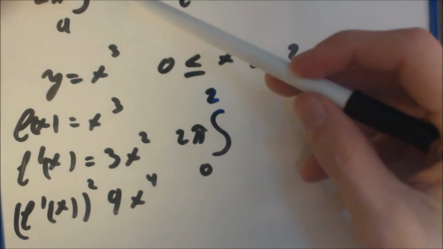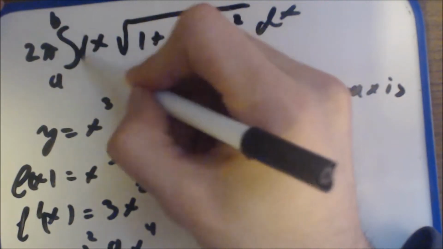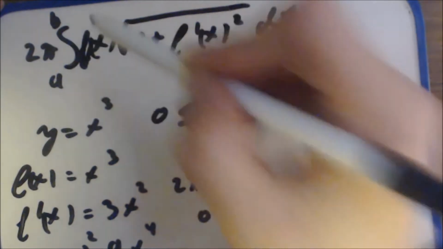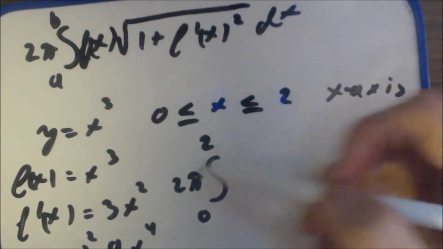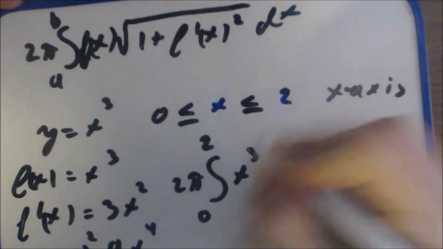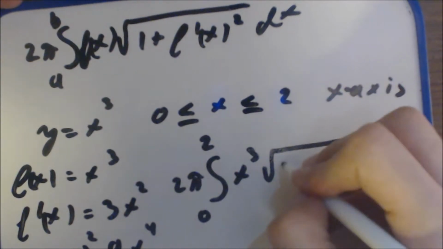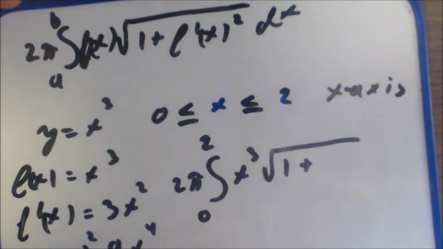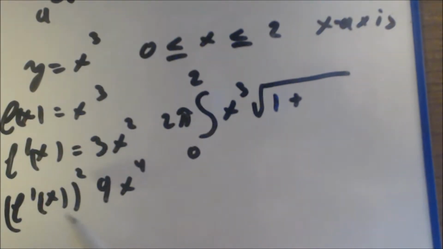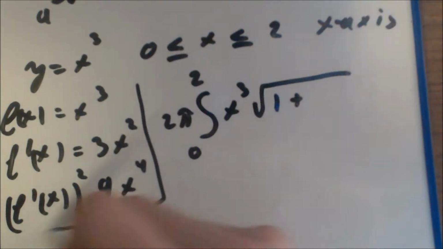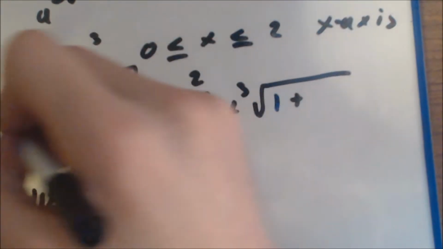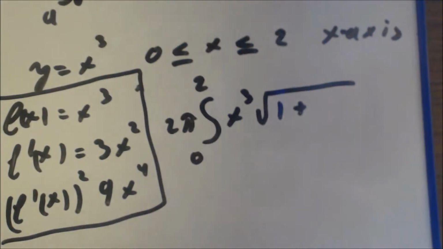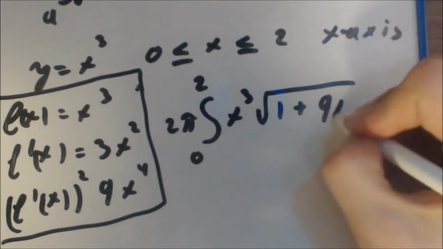This should actually be f of x, the function f of x, if it goes around the x-axis. So we plug in x to the third times the square root of 1 plus f prime of x squared. See how we already solved it in this little side chart down here? I usually like to box it off just to show that you did it on the side. Then this would be 9x to the fourth.